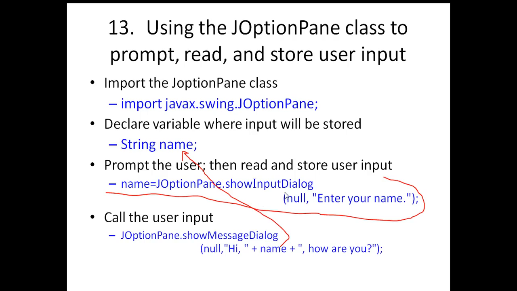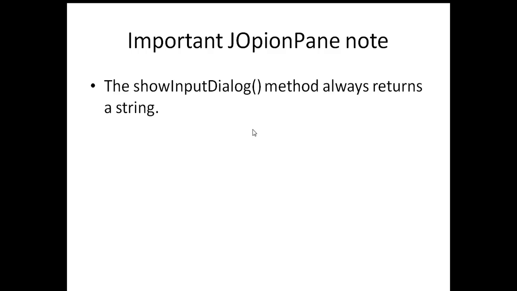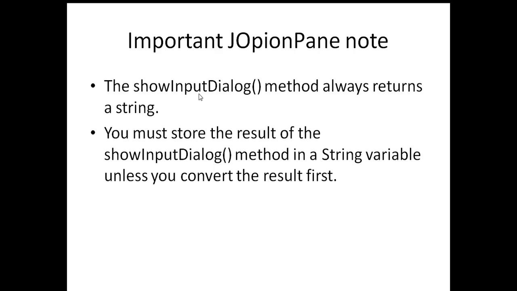Let's take a look at the next thing. The important JOptionPane note is that the showInputDialog method always returns a string. We call that a method because it has parentheses following it. That means you must store the result of the showInputDialog method in a string variable.